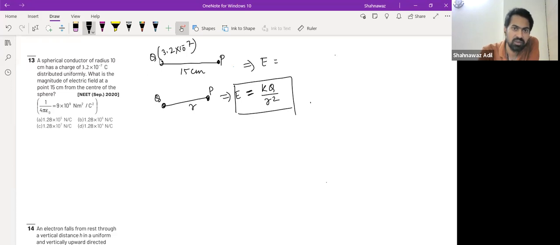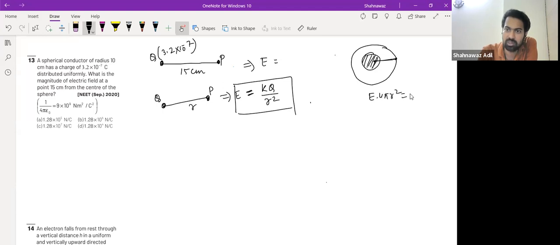You will see from Gauss's theorem that if this is the sphere and this is the Gaussian surface, and you want to calculate the electric field at this point, then E into 4 pi r square equals Q enclosed by epsilon.